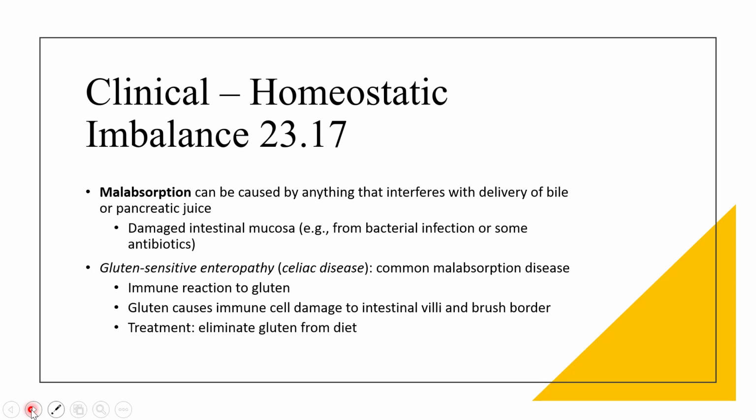It's actually celiac disease. This is actually a common malabsorption disease. It's an immune reaction really to gluten. Gluten causes immune cell damage to the intestinal villi and brush border. And usually the treatment for this is to eliminate gluten from the diet.